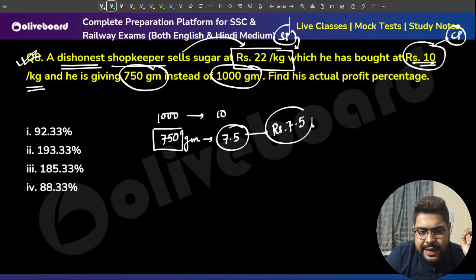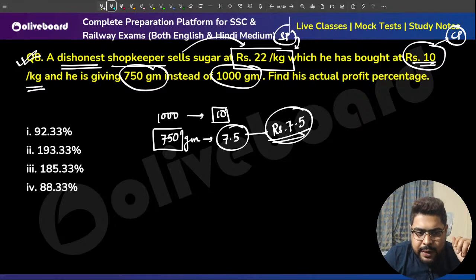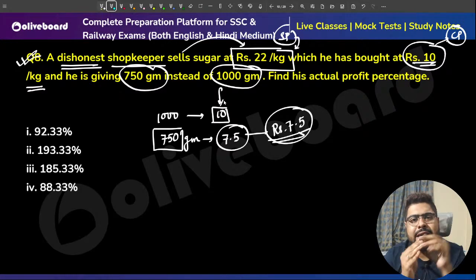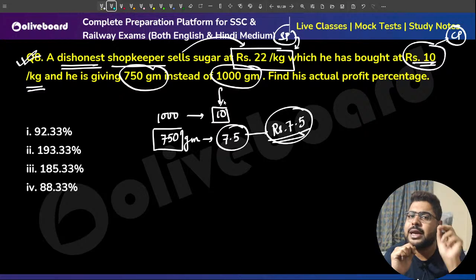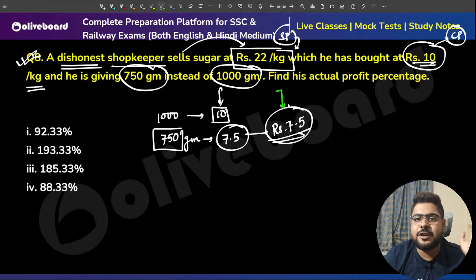So he is taking your money, which should be 10 rupees, and he should give you 10 rupees worth of product, but he is actually giving you 750 grams, meaning 7.5 rupees worth of product. But now he is taking how much? So this is his actual CP, and how much is he taking from you?